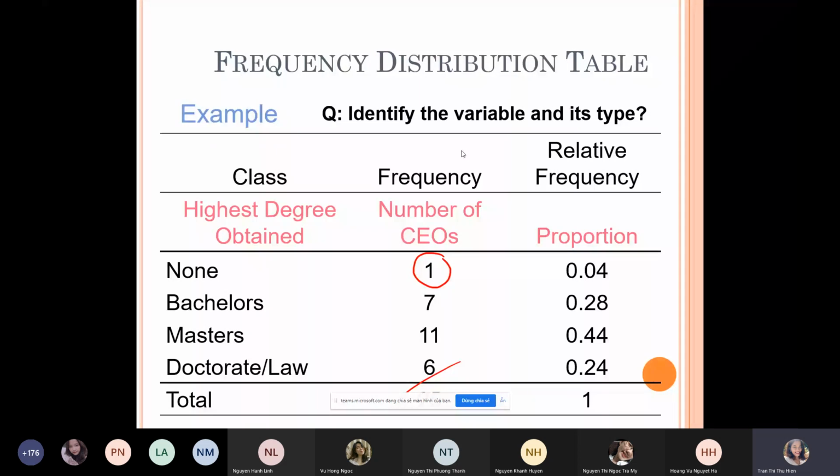But for the relative frequency, you have to compare each class to the whole population or the whole group. Can you see the difference? So when the questions ask you for the frequency or relative frequency, be careful. Frequency is just a count, but relative frequency is a ratio.